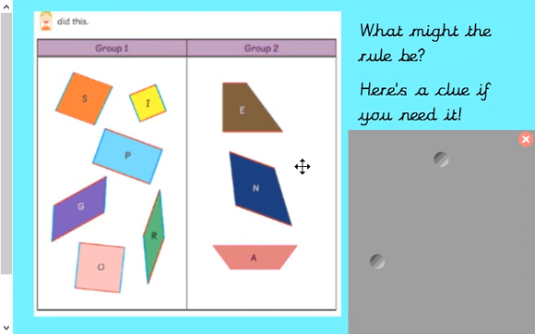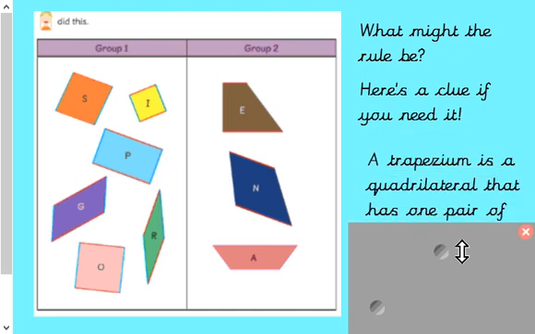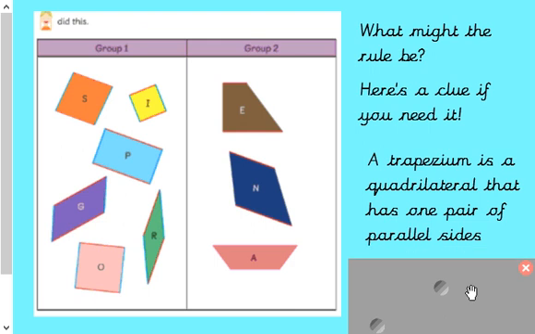Okay, welcome back. For those of you that might need it, I'm going to give you a little bit of a clue. A trapezium is a quadrilateral that has just 1 pair of parallel sides.